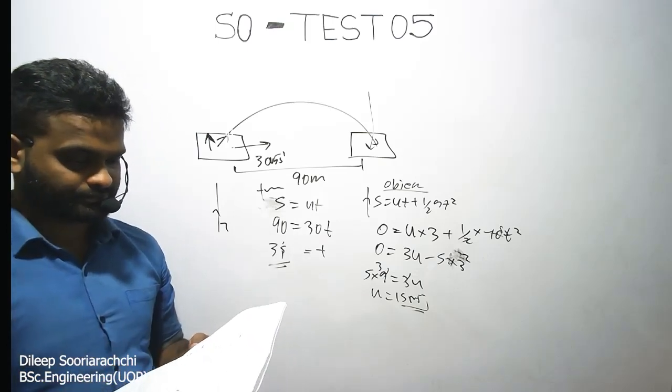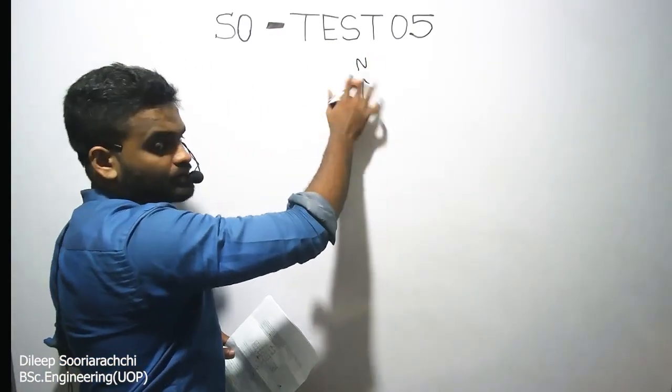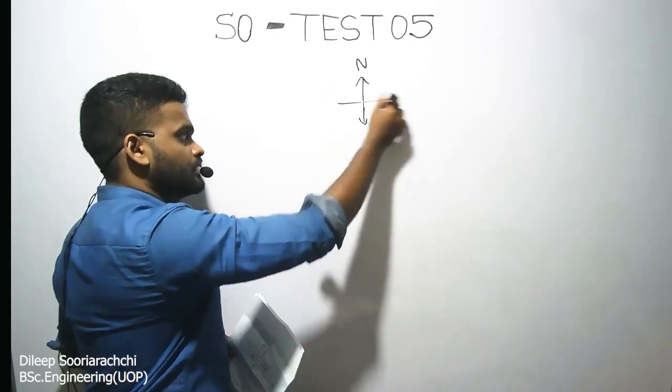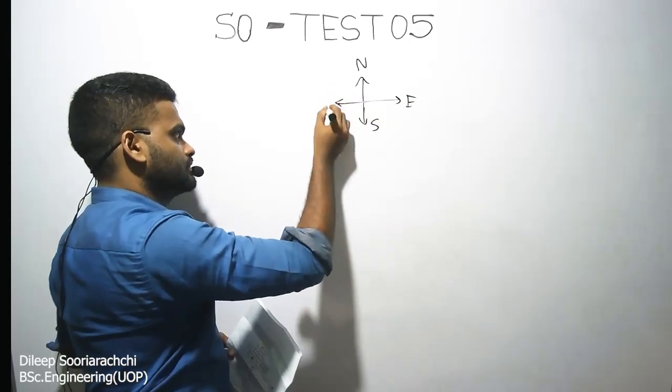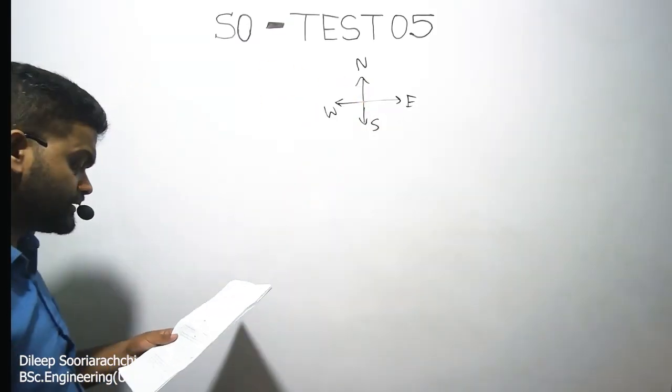Third one, right? 12th question. A river flows south at 4 meters per second. So this is north, and you have south here, east, and this is west. You need to know this. Those are the directions.